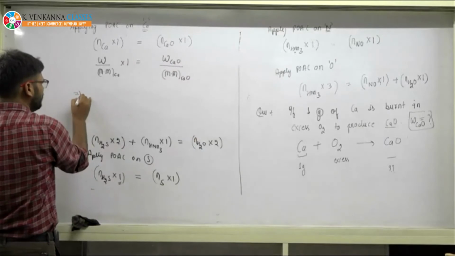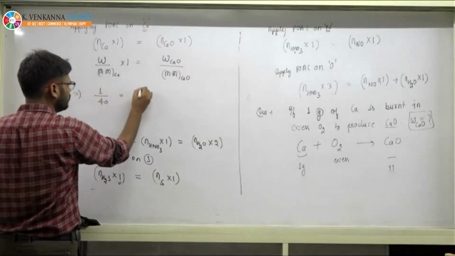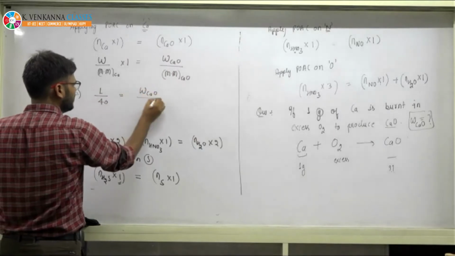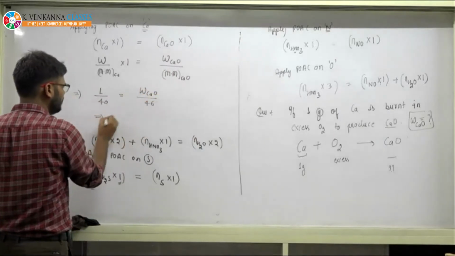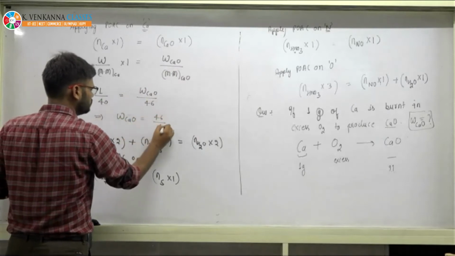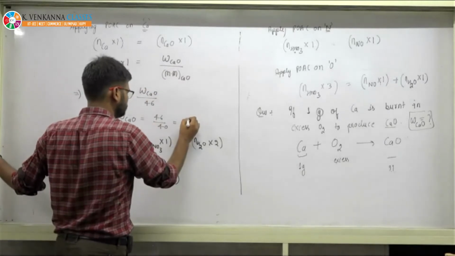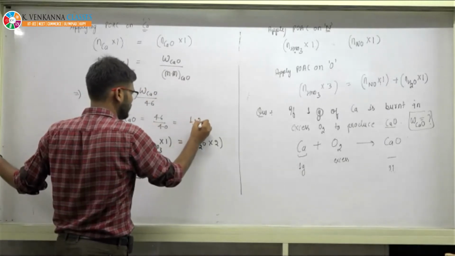Weight is given, 1. This is 40. It should be equal to weight of CaO divided by 46. So if you solve it, weight of calcium oxide will become 46 upon 40.